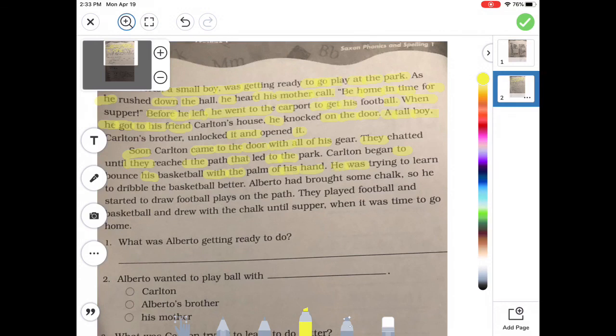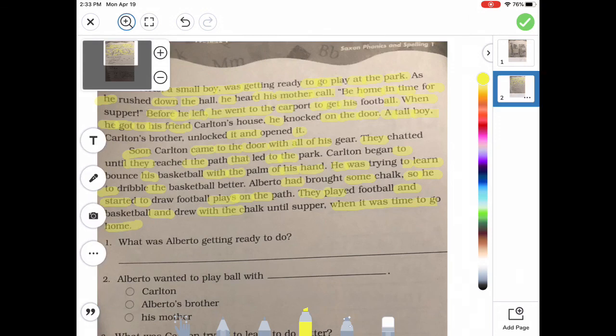He was trying to learn to dribble the basketball better. Alberto had brought some chalk, so he started to draw football plays on the path. They played football and basketball and drew with the chalk until supper, when it was time to go home.